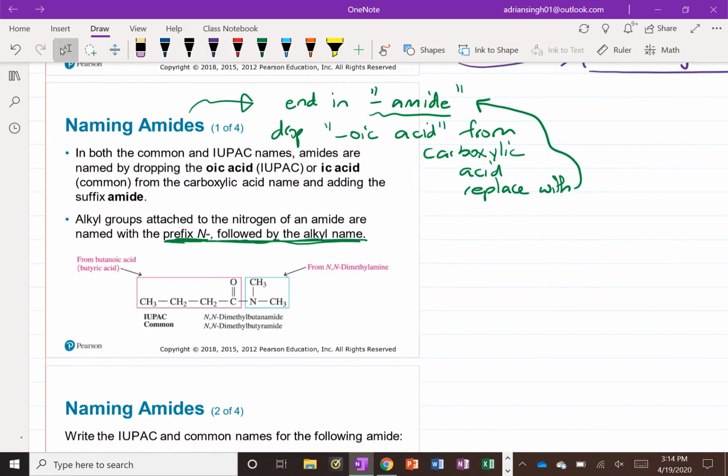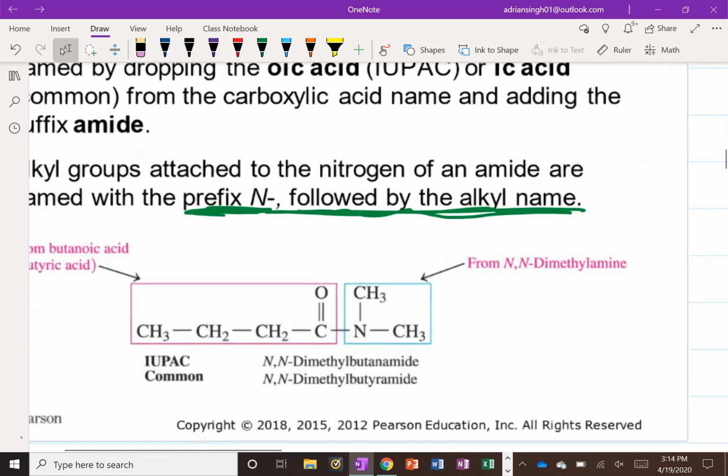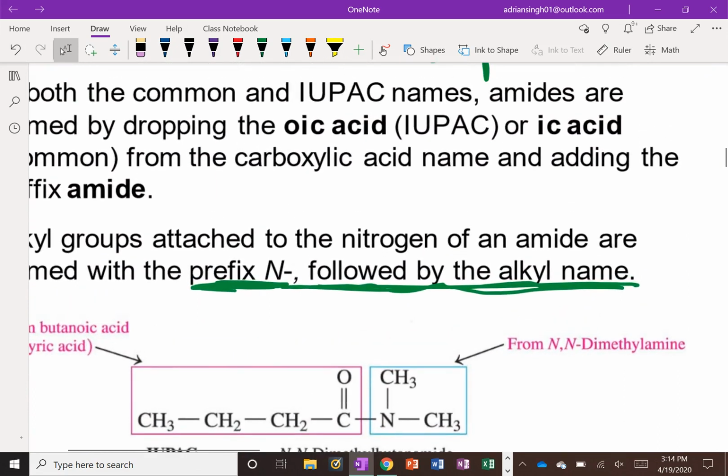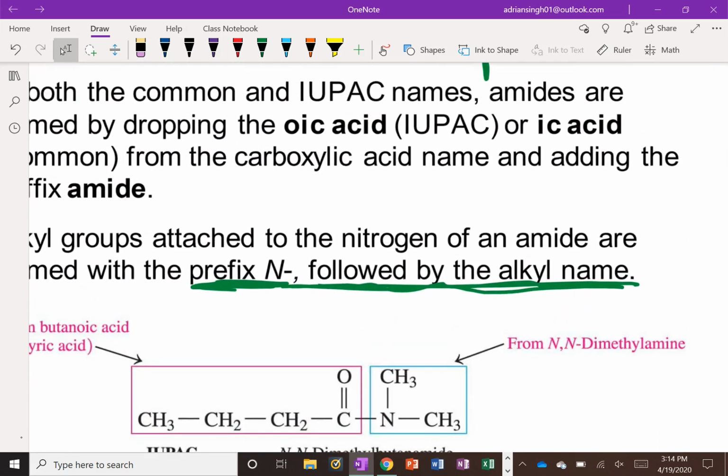So if we take a look at the structure down here on the bottom, all right, if you have to name it, again, you want to identify the functional group present, and in this case, there's our C double bond O N, right, that tells you that it's an amide. To identify the carboxylic acid, you find your C double bond O, right, because that's where the carboxylic acid would have come from.